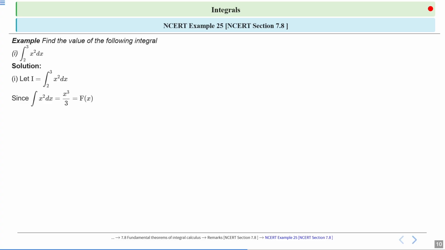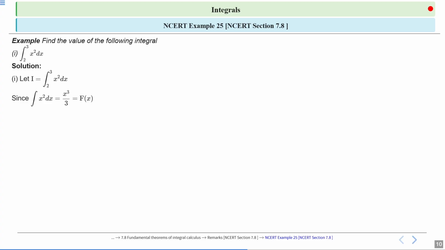We know the standard integral formula: the integration of x^n is x to the power n plus 1 by n plus 1. So when we integrate x square, here the value of n is 2, so it becomes x to the power n plus 1, that is 3, by n plus 1.